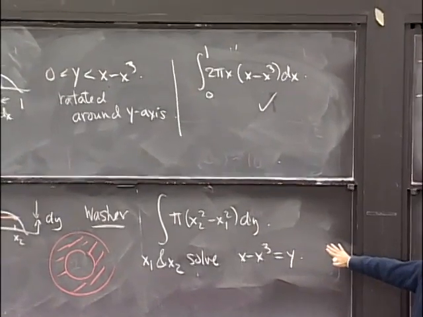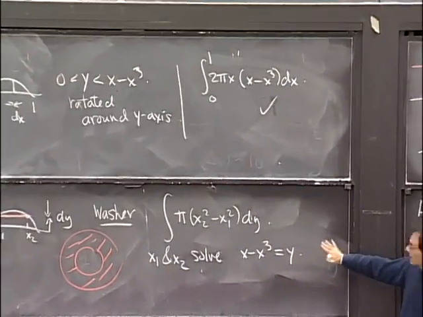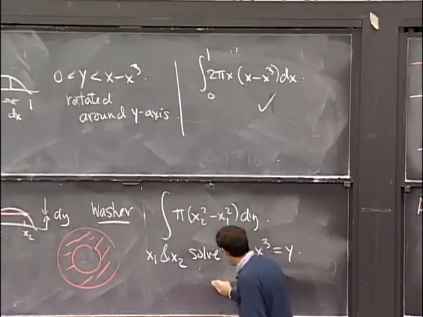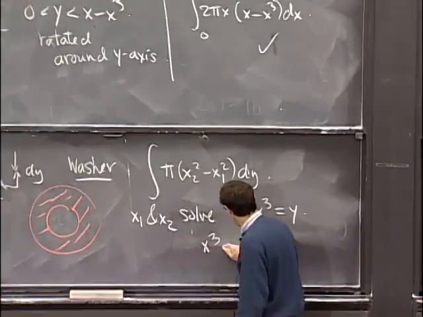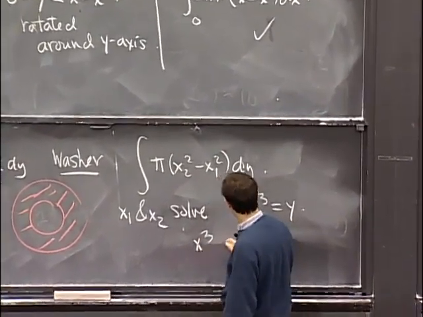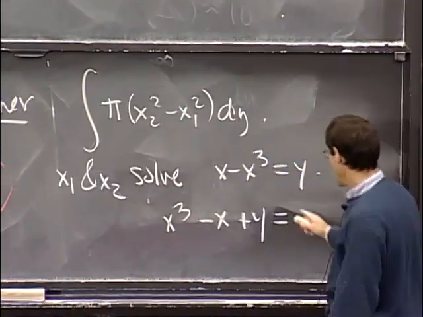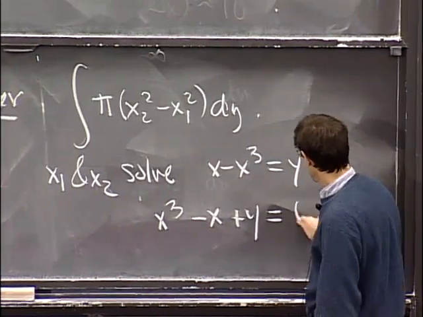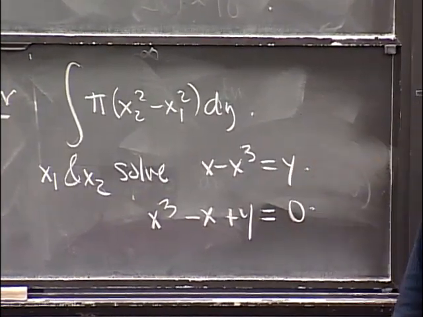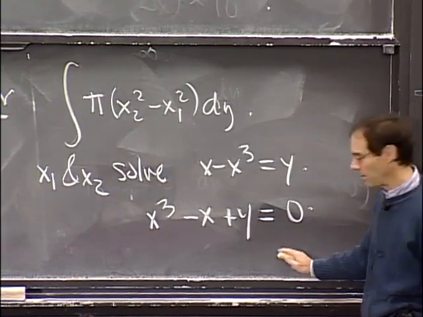All right? Now, look at this equation. That's the equation x cubed minus x plus y is equal to 0. This is a cubic equation.